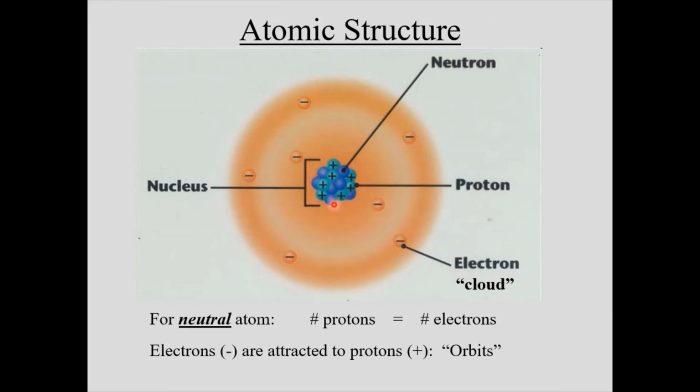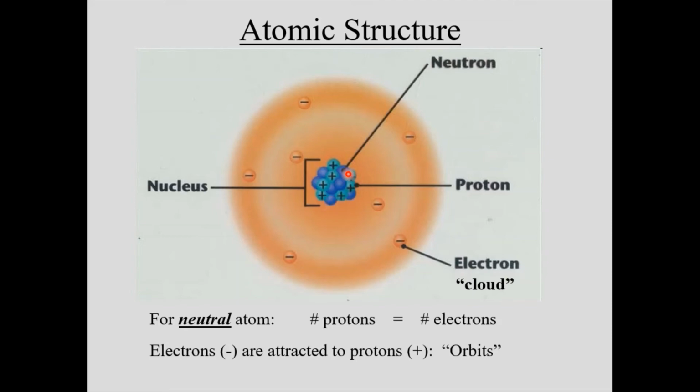The nucleus contains neutrons and protons. The protons are positively charged particles, and the neutrons are neutral. They have no charge. That's why they're called neutrons. And by the way, we are going to study the properties of the atomic nucleus in the next chapter. That will be the topic of our next chapter in the course, nuclear physics.